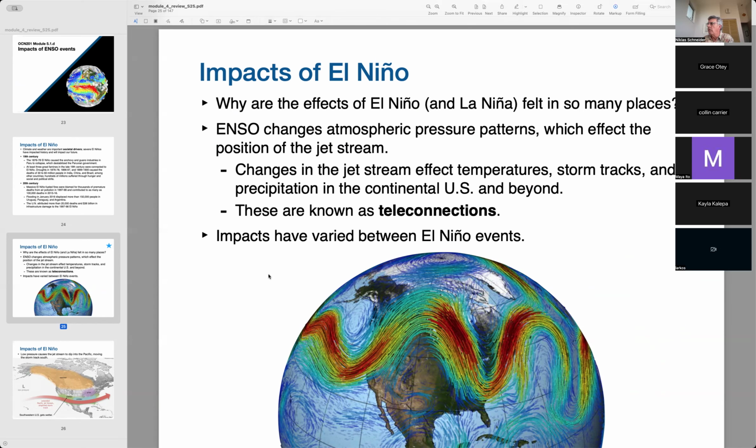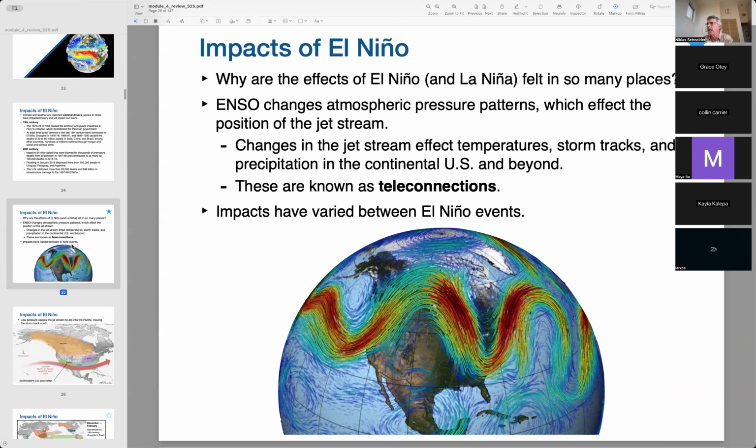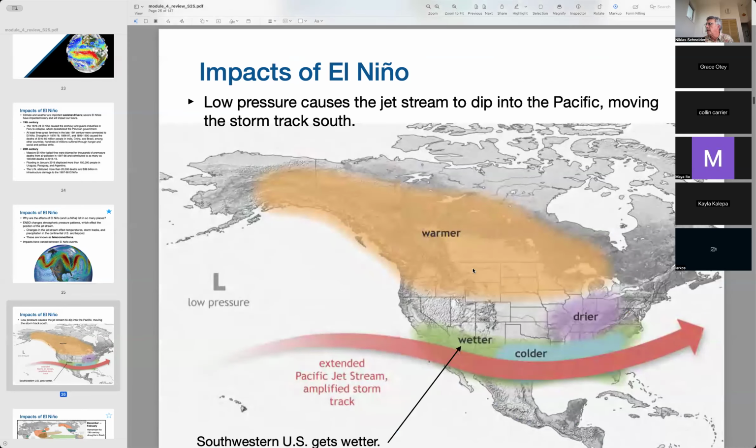In particular, these changes in the equatorial Pacific generate very low frequency waves in the atmosphere, and these waves rearrange or affect the position of the jet stream. This overall communication of the changes along the equator, centers of convection, to changes around the world is called teleconnections.